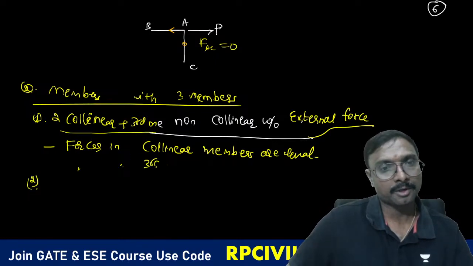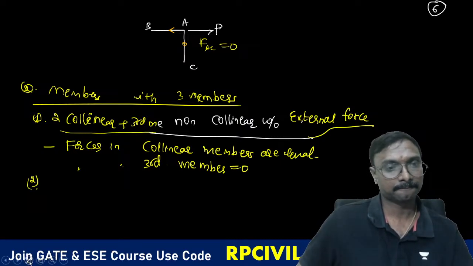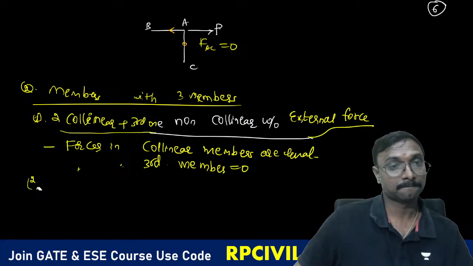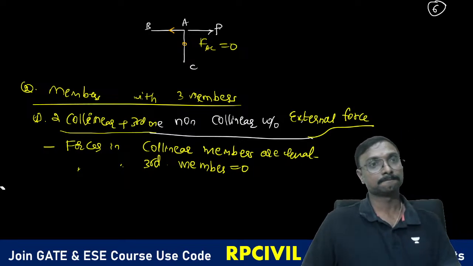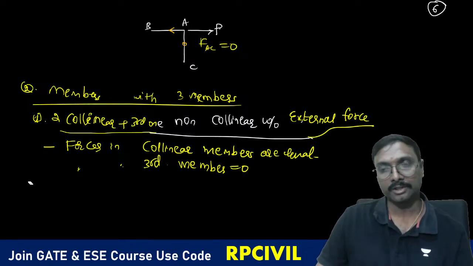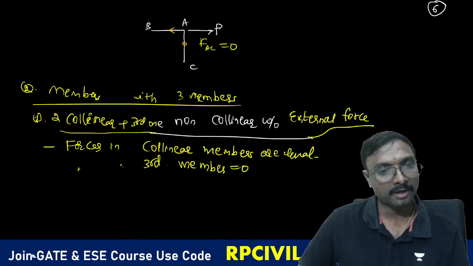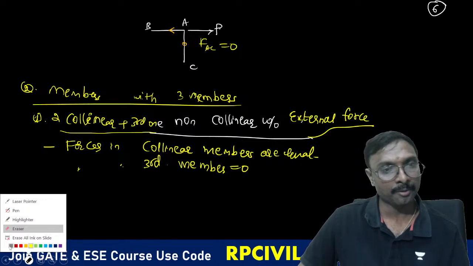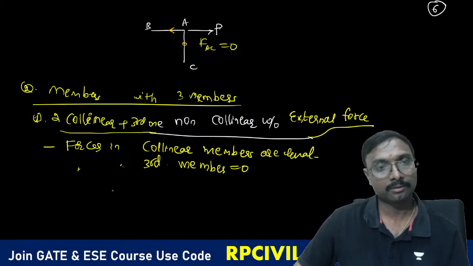What about the force in the third member? Two are collinear, na? Right, the forces in the collinear members are equal. The force in the third non-collinear member will be 0.